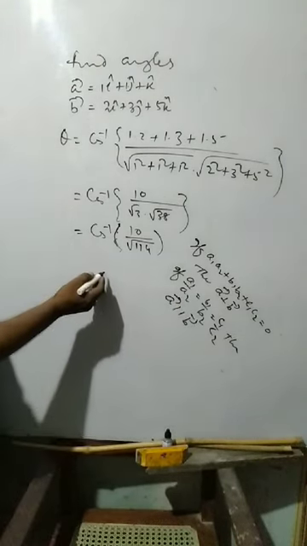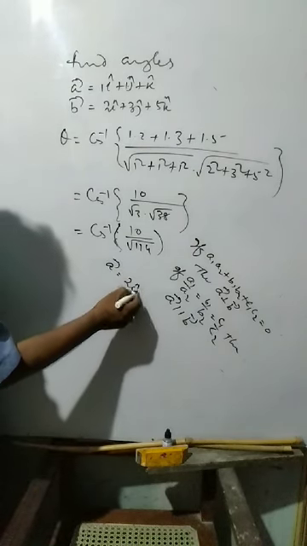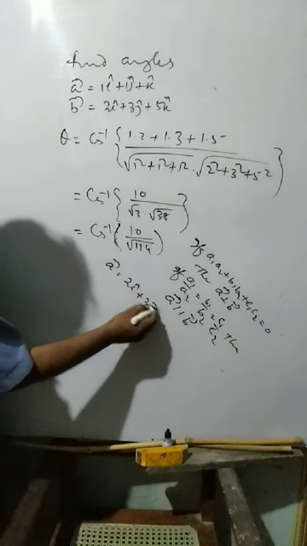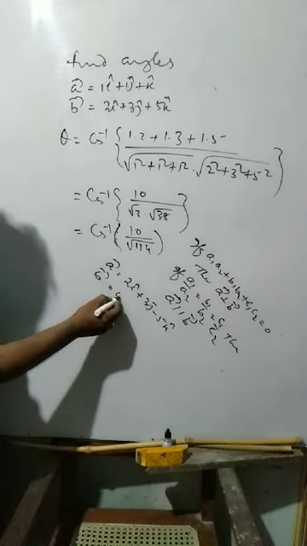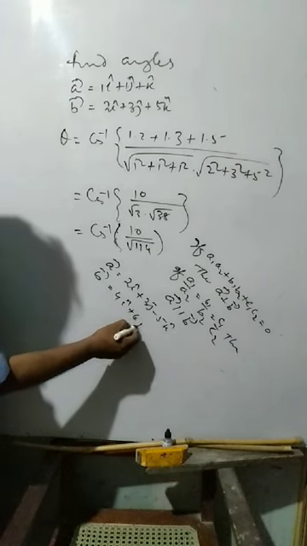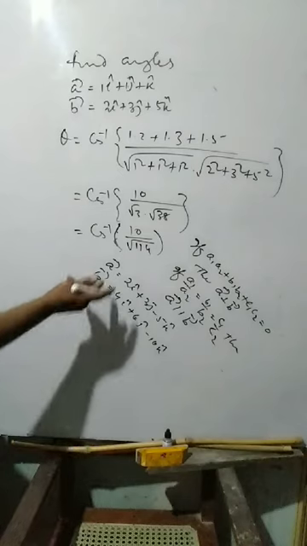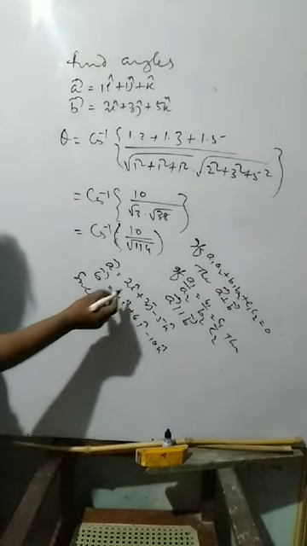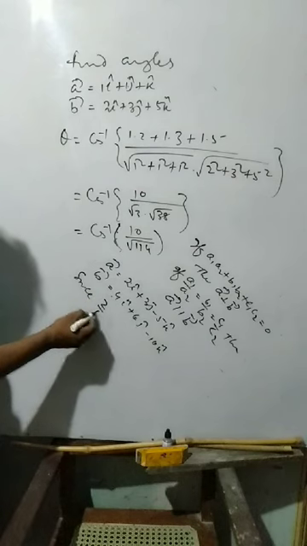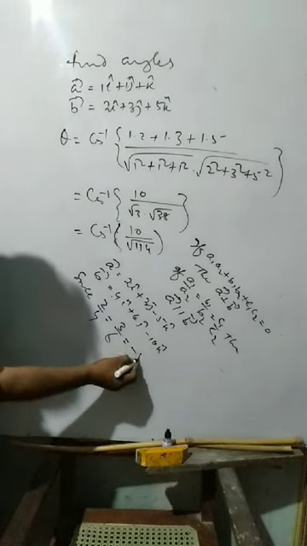Now look at one example. A vector equal to 2i cap plus 3j cap minus 5k cap is one of the vectors, and B vector equal to 4i cap plus 6j cap minus 10k cap. Here the two vectors are parallel. Why? Since a1 by a2 means 2 by 4 is equal to 3 by 6 is equal to minus 5 by minus 10.